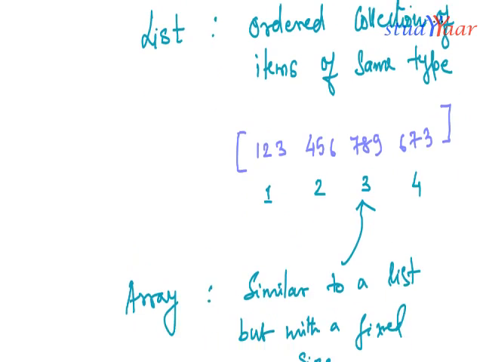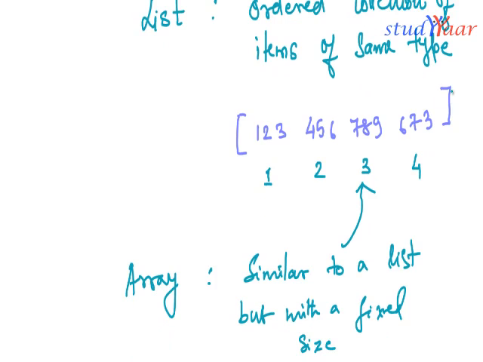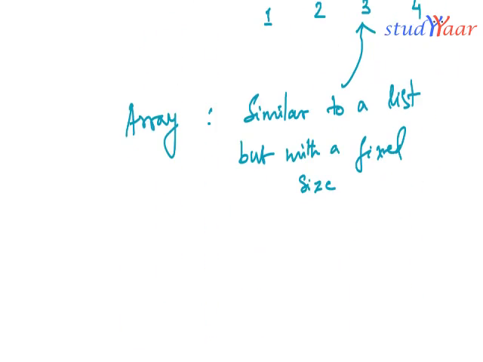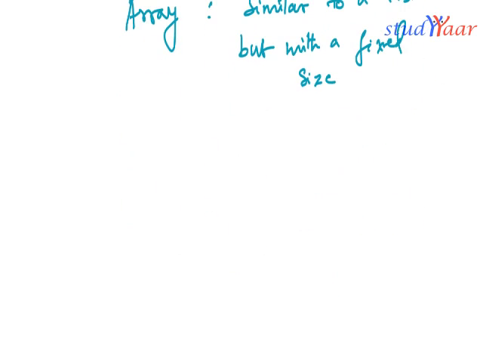A list can be expanded indefinitely. I can keep on adding elements here, I can add more elements at the end as and when I require, but an array has a fixed size. And the final and most important kind of type constructor is the tuple.